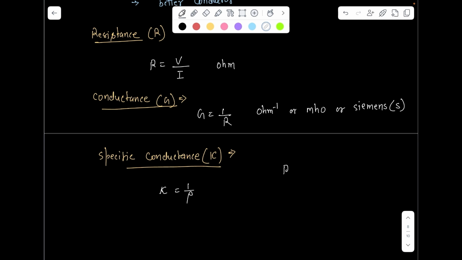So we know that R is equal to rho L by A. L is the length between the two electrodes, and A is the cross section area of these electrodes.